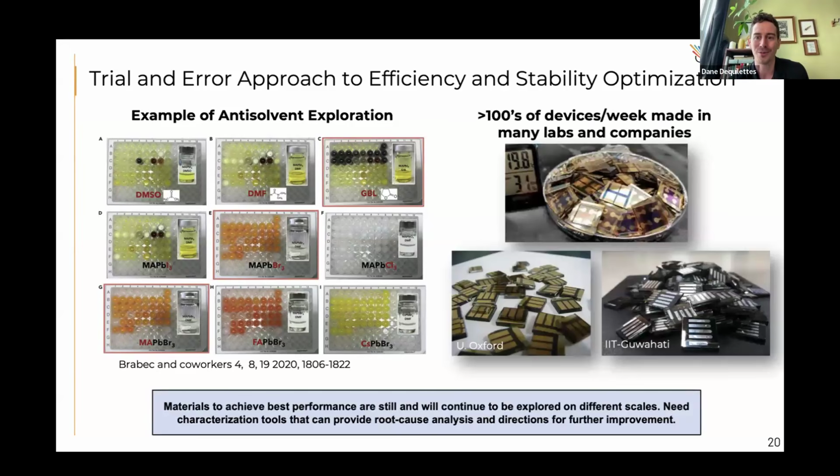And then once we find something that we think is going to work out, we make hundreds of devices, especially for a lot of the companies out there making hundreds of devices every week. A lot of the device-heavy research groups are also doing this, and just collecting a lot of data and trying to understand what makes a good cell, what makes a bad cell, and then is there a way of doing a root cause analysis for if a cell is bad, how do we improve it?